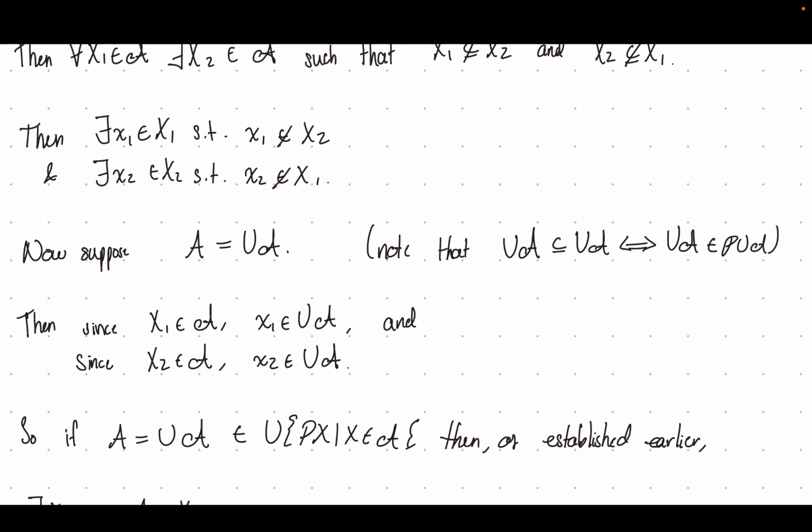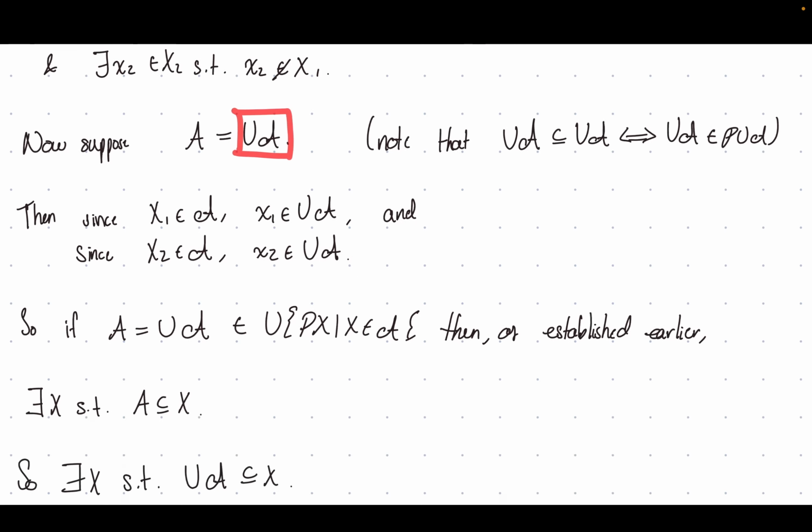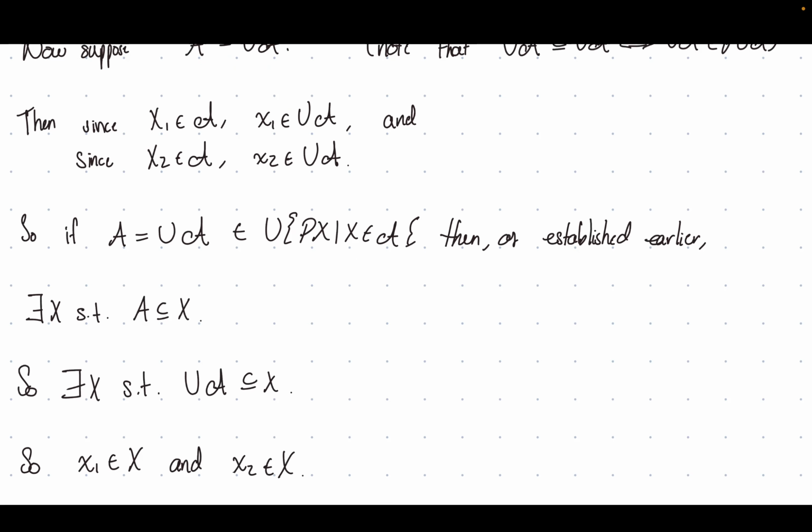Okay. Now, what I'm saying here is that if this has to hold for every single A as assumed by our condition, then it must hold specifically for the union of script A. Since X1 is in script A, then little x1 is in the union of script A. And since X2 is in script A, then little x2 is in the union of script A, right?